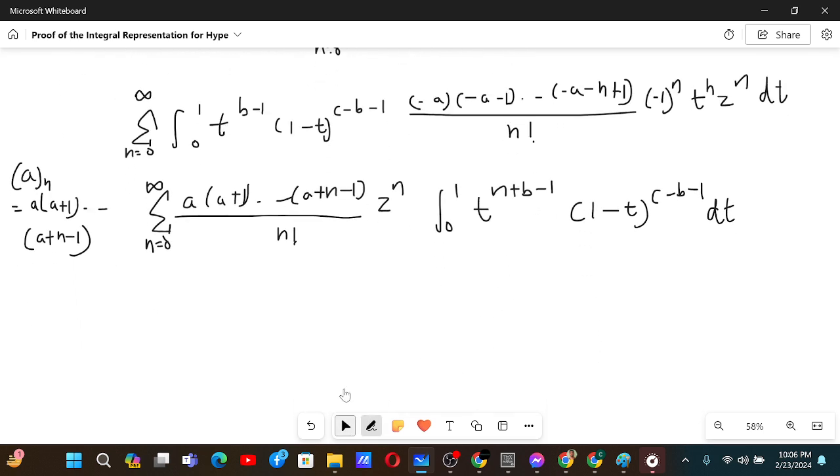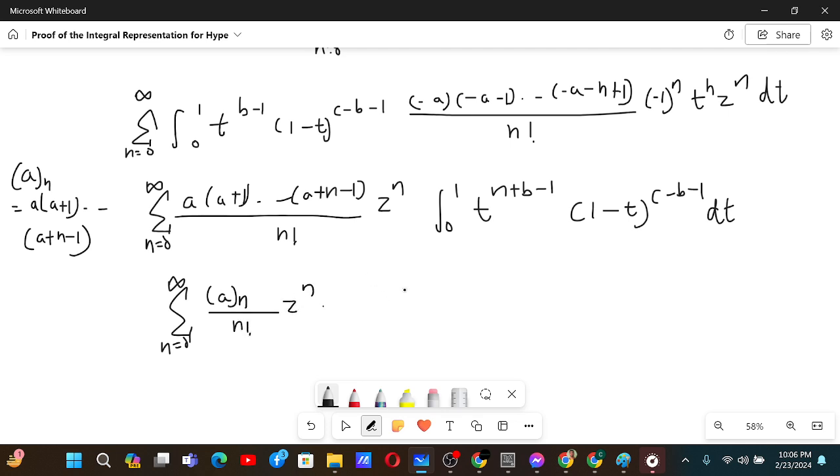So now this can be done as the sum going from n equals 0 to infinity of the rising factorial of a with n, over n factorial, g to the power n. Now this integral is just gamma n plus b, gamma c minus b, by addition of both of them, that will be gamma n plus c.